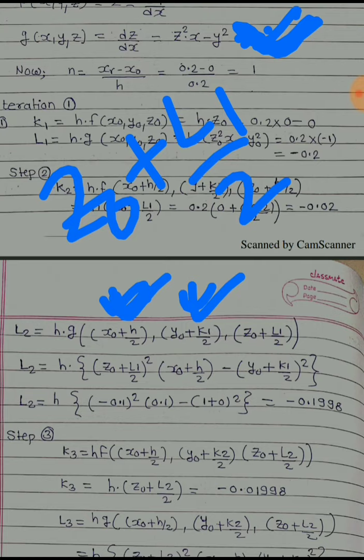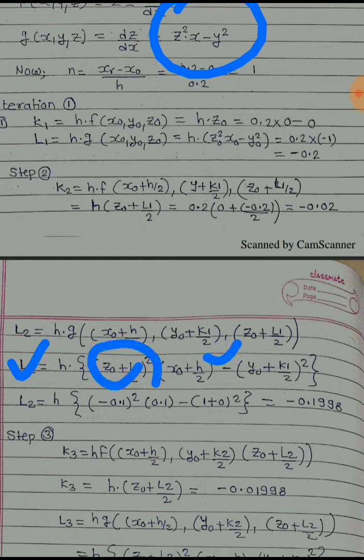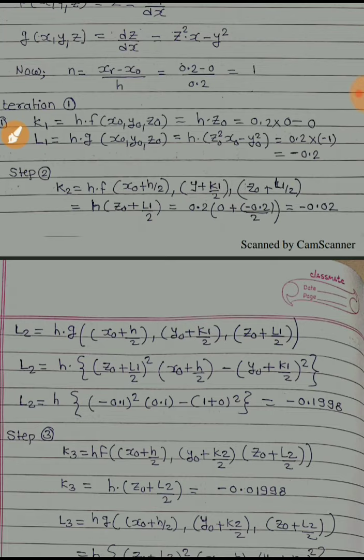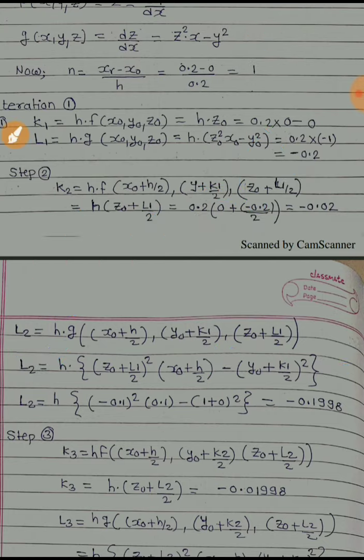If I put those values in this equation, I will get L2 is equal to h in bracket, z square is there, so instead of z, z0 plus L1 by 2 bracket square, into x0 plus h by 2 minus y0 plus k1 by 2 bracket square. That is how the equation z square dot x minus y square can be represented here to calculate L2. So after putting the values, we will get L2 is equal to minus 0.1998.